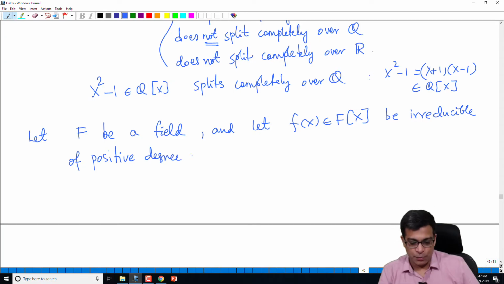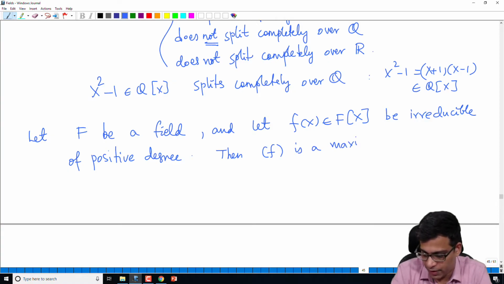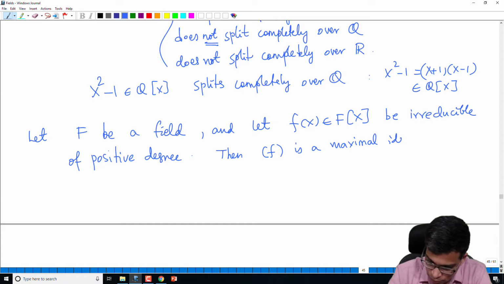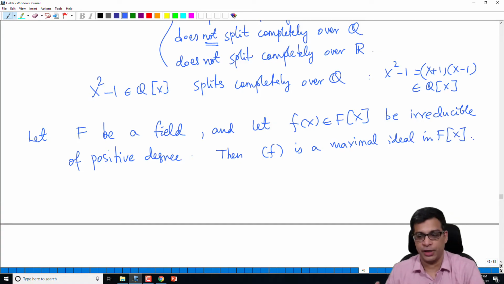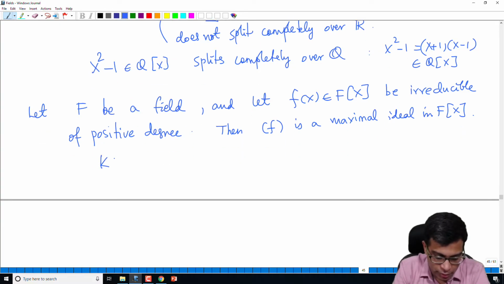So the degree of f is positive. Then the ideal generated by f is a maximal ideal in F[x], right? This is something that we have seen many times before. If you have the polynomial ring in one variable over a field, the ideal generated by an irreducible polynomial is a maximal ideal. So let K be the field F[x] modulo (f).